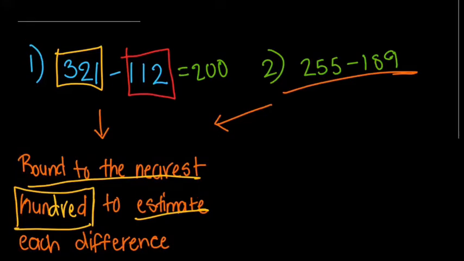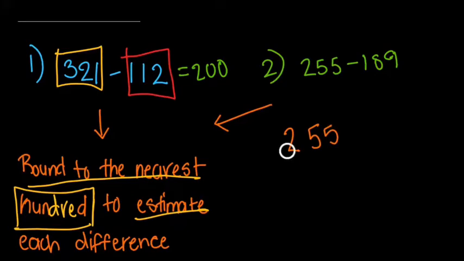Again, the first number is 255, and we want to estimate that. We want to round it.